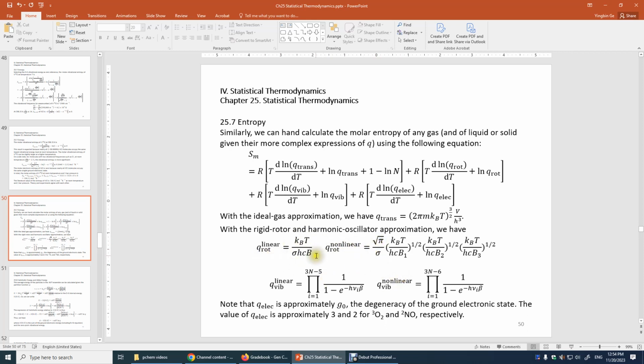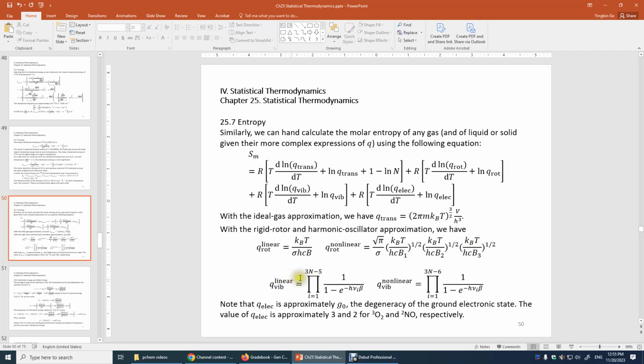Rotation is here. If you have a linear molecule, it's kBT over sigma hcB. Sigma is the symmetry factor. B is the rotational constant. For a nonlinear molecule, it's square root of pi over sigma. We didn't derive this. Times the square root of kBT over hcB1, the square root of kBT over hcB2, times the square root of kBT over hcB3.